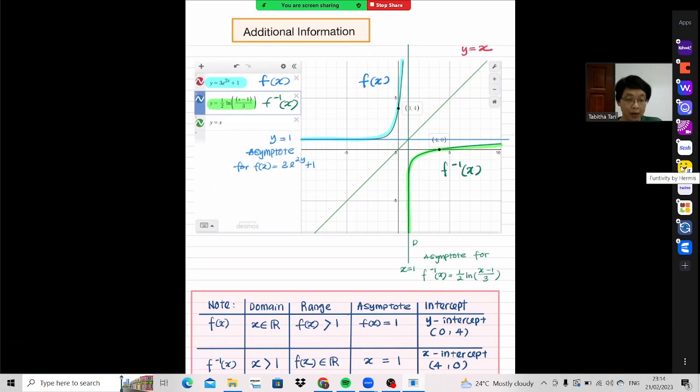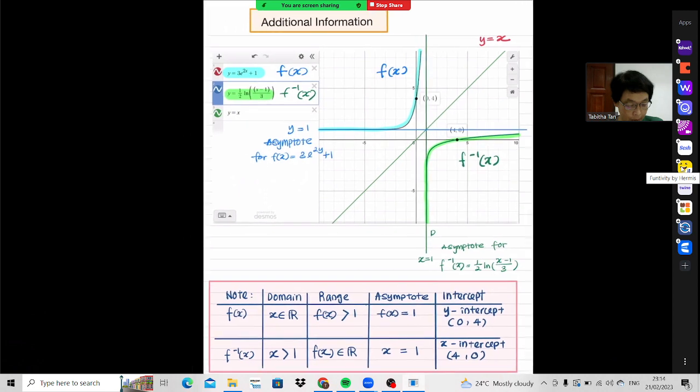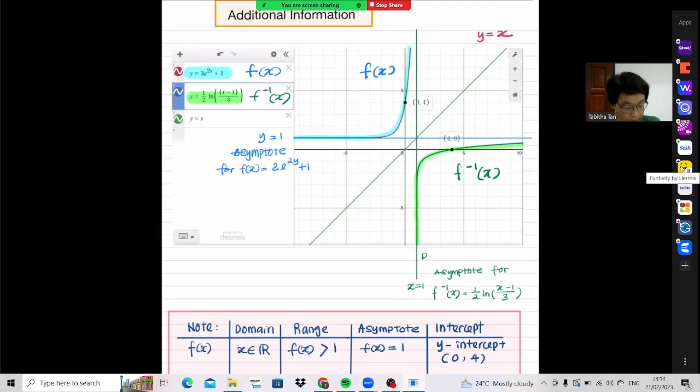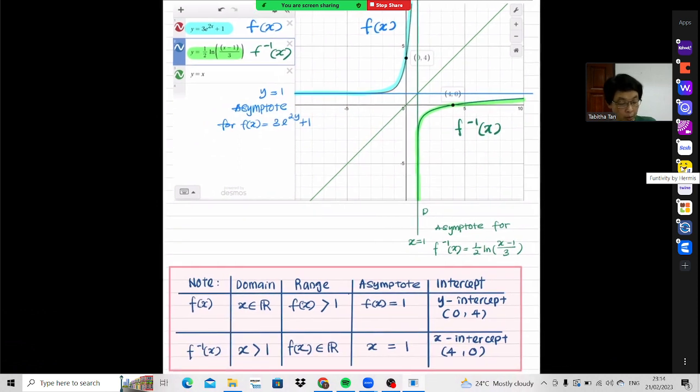Let's move on to one more point. How about the domain for the function? The domain of the function can be all real values. The blue graph will cover all the way to negative x and also all the way to positive x. That is the domain.